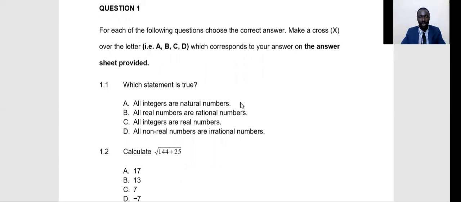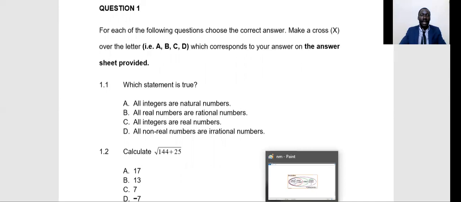What is this supposed to mean, and what are integers? Integers are numbers that appear on number lines. They are sometimes negative, that is, they decrease to negative, and they increase to positive values. Are all of them natural numbers?